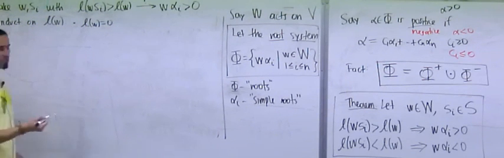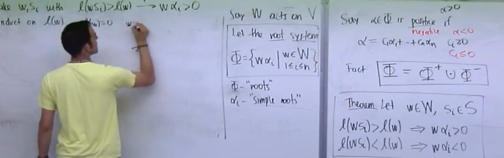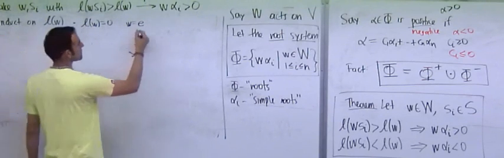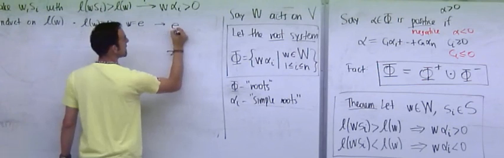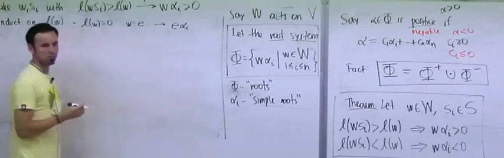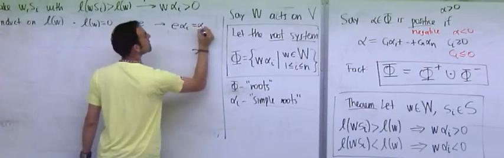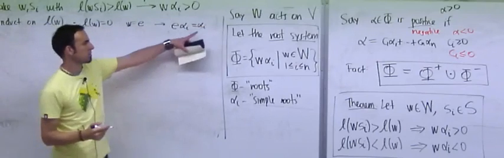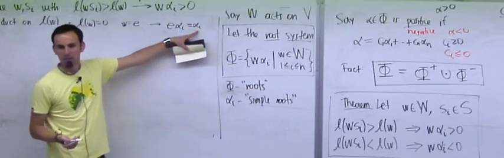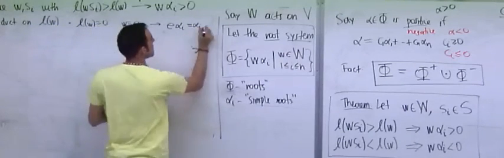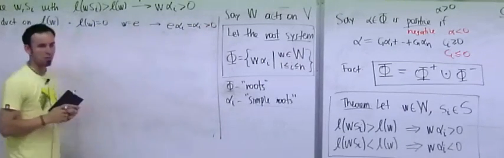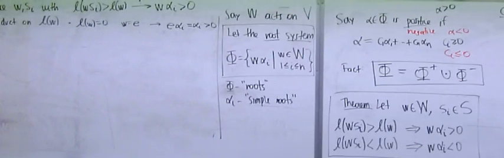We know if the length of W is 0, then W has to be the identity. And then what does the identity do to alpha_i? Well, it leaves it alone, right? By definition, this is positive. It's a positive combination of just a single guy. So that means that there's nothing to prove in that case.